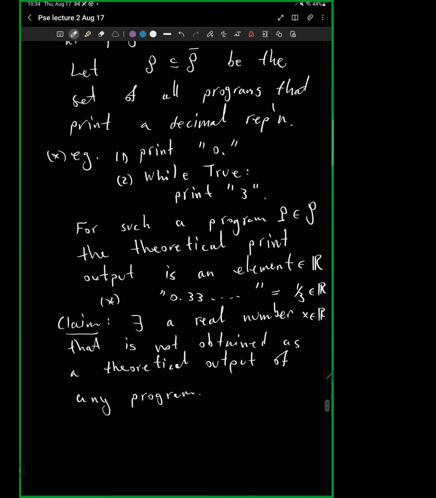And in fact, there are many such real numbers. So if you think of it, it tells you something about the impossibility of true randomness.